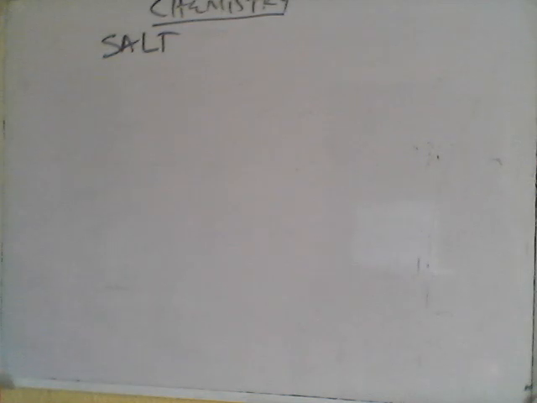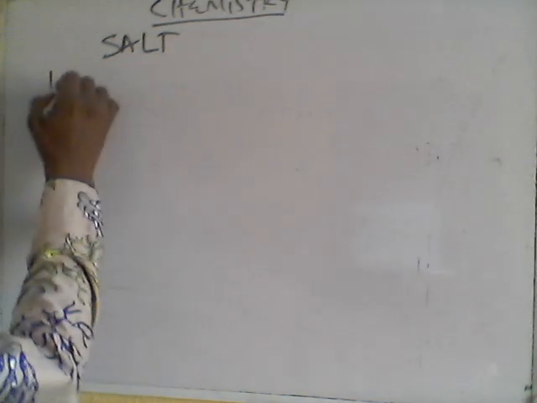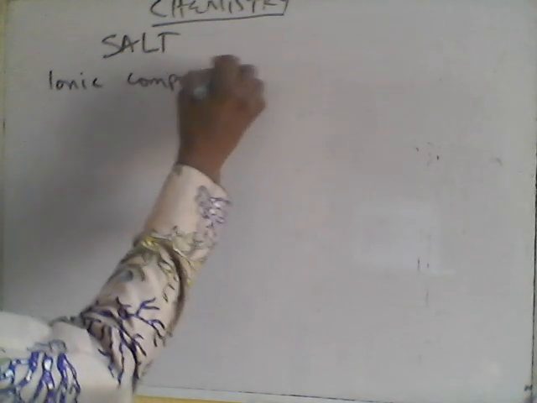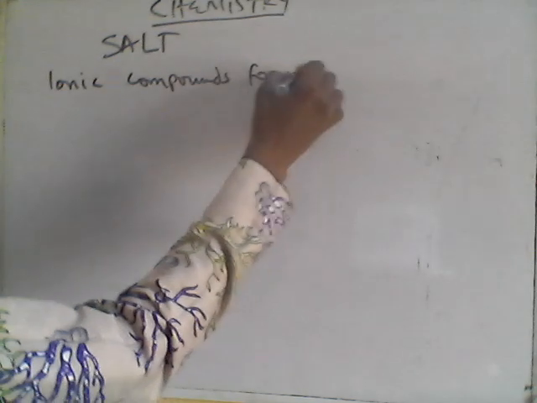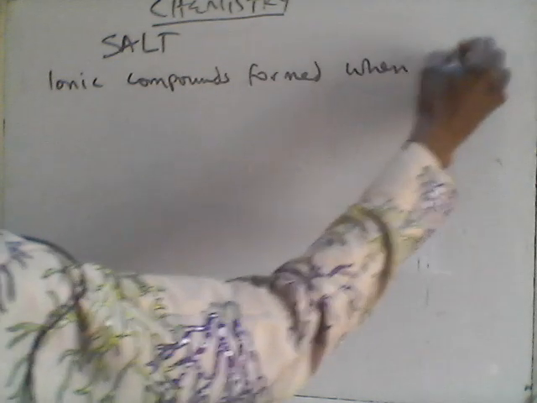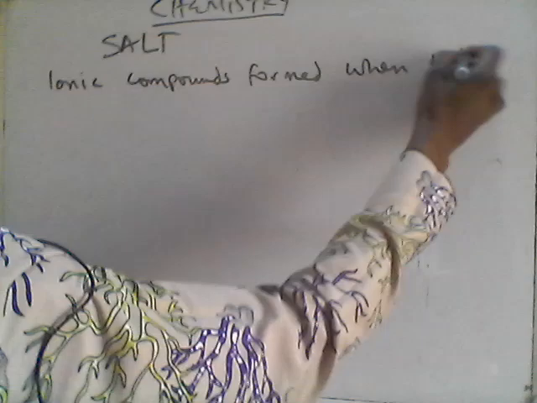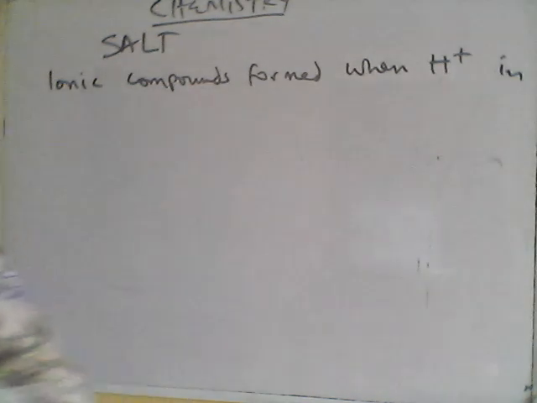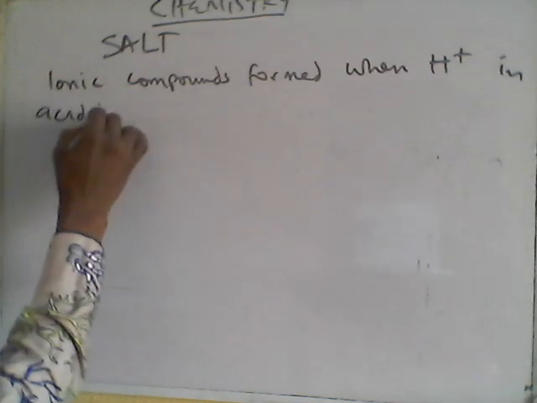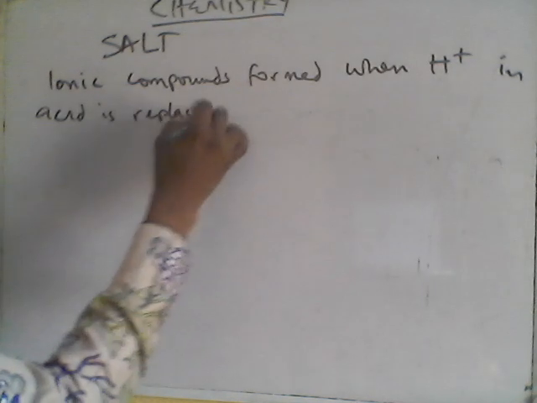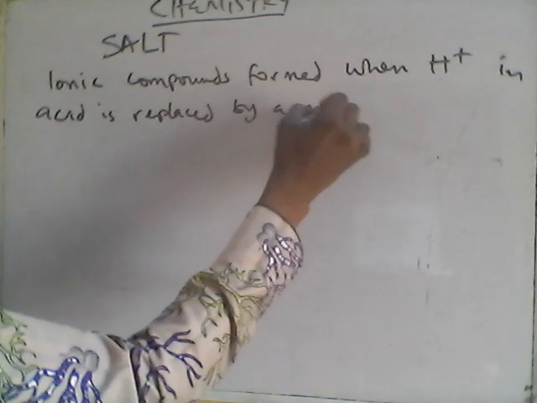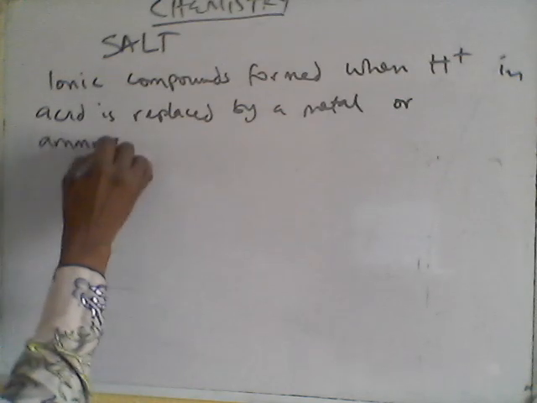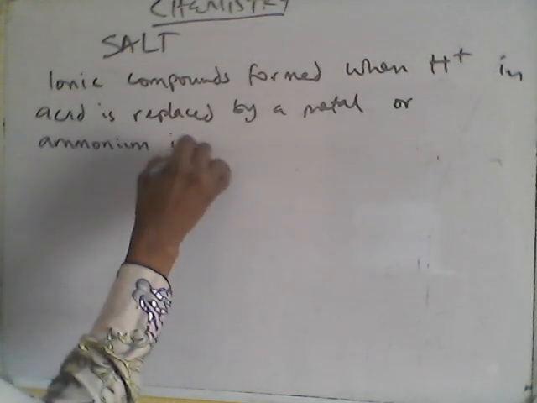So what is salt? Salts are ionic compounds formed when the hydrogen ion in an acid is replaced by a metal or ammonium ion.